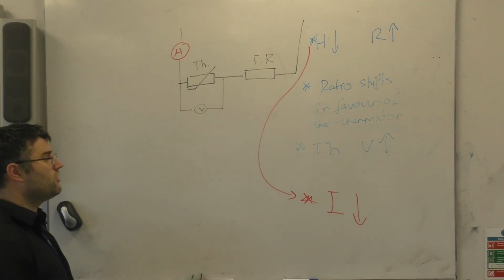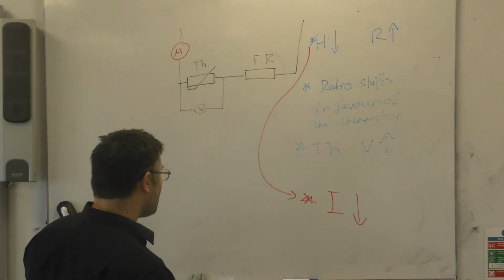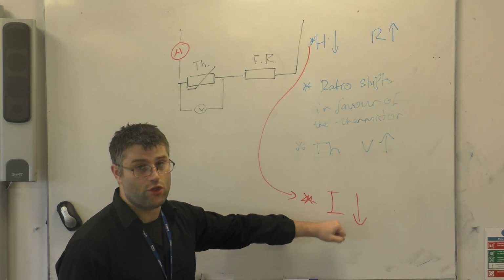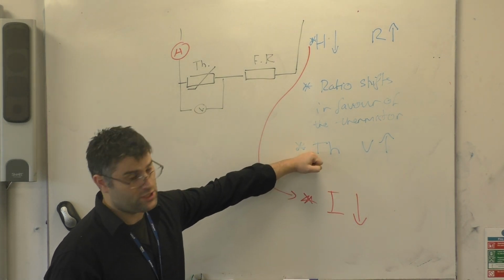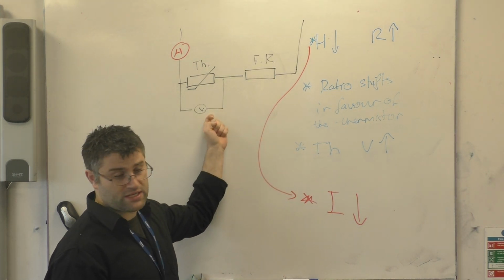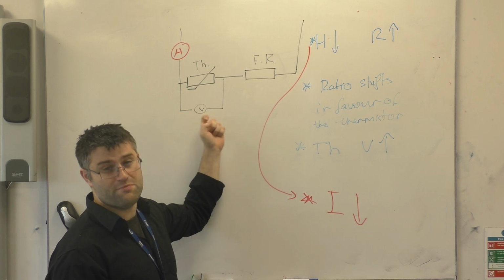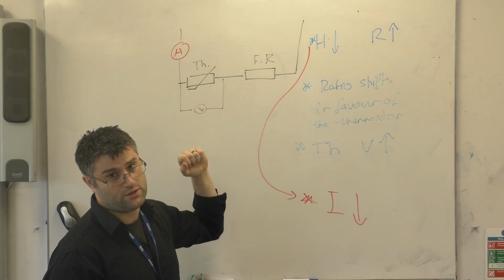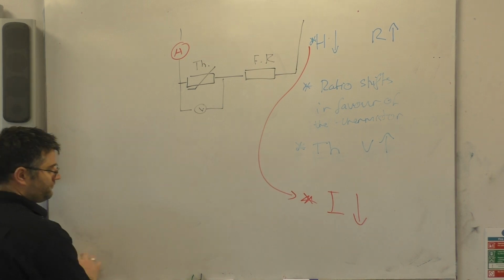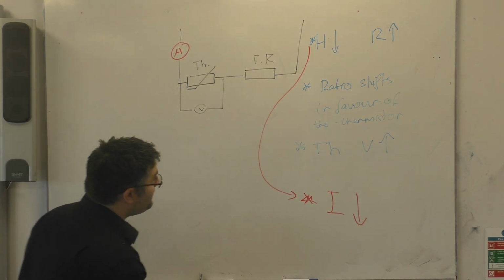Remember, I'll say it again, the current changing in the circuit is not the reason for the voltage change. The reason for the voltage change across the thermistor is that the thermistor's resistance has changed.